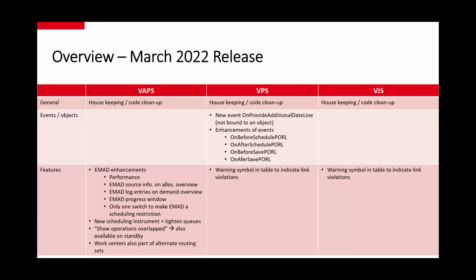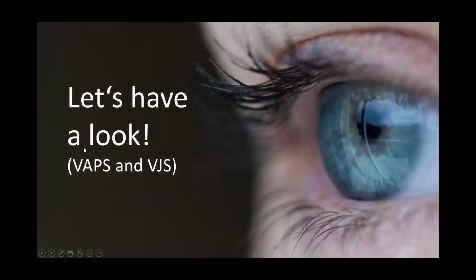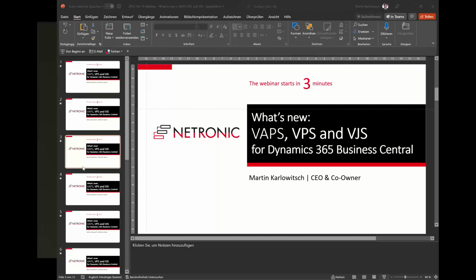Now we transferred the same principle to the VJS and the VPS to indicate link violations, so if you moved an operation or a job planning line and have some issues with the links. With the demo, I will show you this feature in the VJS. It will work the same in the VPS, and then we turn to the VAPS. With this, let's have a look at first VJS and then VAPS.